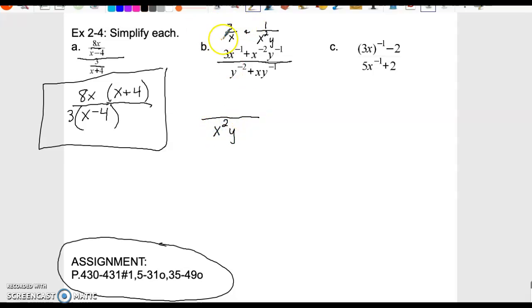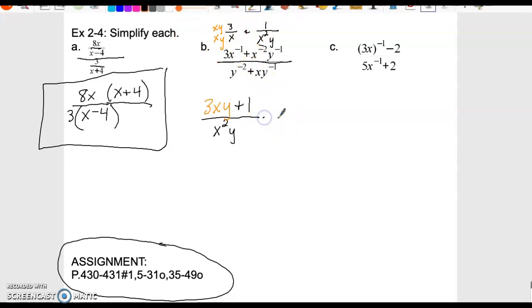So the same thing we've been doing for a while. To get x to x squared, you'd have to multiply by x, and you'd also have to multiply by y. So you have to multiply the top by x and y as well. So that's 3xy. If you look on the right side though, it already has x squared y. So you just have to write the +1 there. So there's nothing to multiply that fraction by.